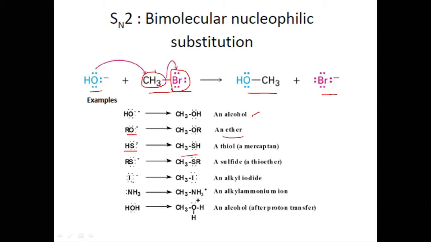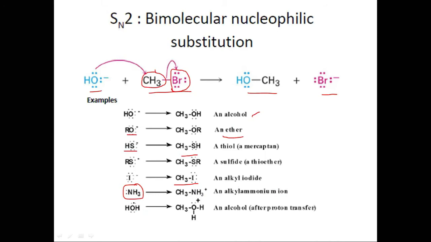If you use I minus as a nucleophile, then it is a halogen exchange reaction: I minus will replace the Br, and you will get the alkyl iodide. If you use a neutral nucleophile like NH3, then NH3 will attack the carbon which is carrying the leaving group, and you will get CH3NH3 plus, an alkyl ammonium ion.